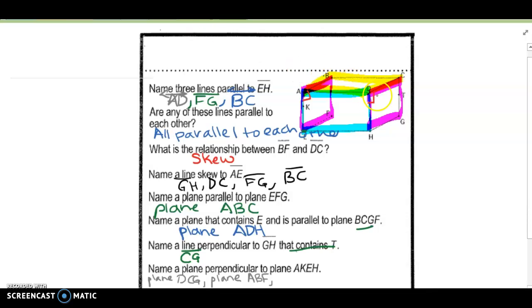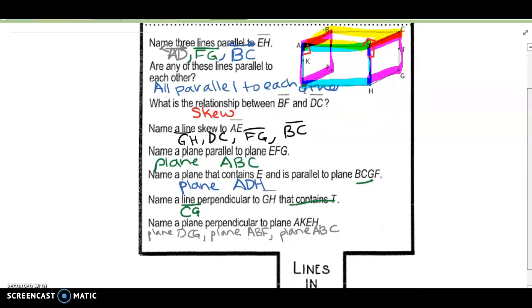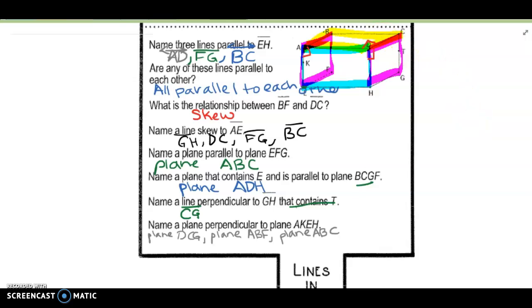Okay, because this would be a right angle. So I could name that plane ABC. And then last but not least, what about this plane right here? Because this is a right angle. Okay, so that would be plane FGH. Now, any of these would have worked. I know it only says one, but any of these would have worked just fine.